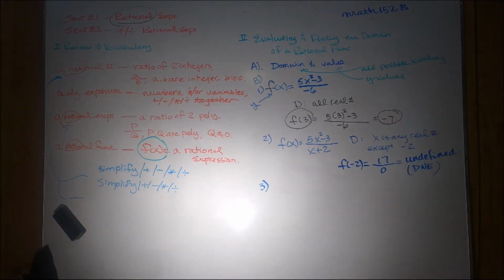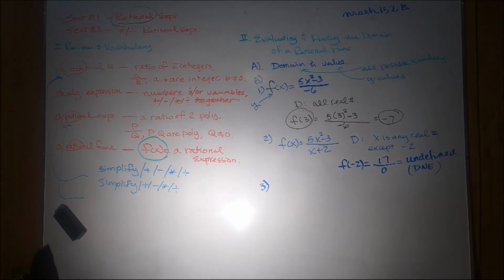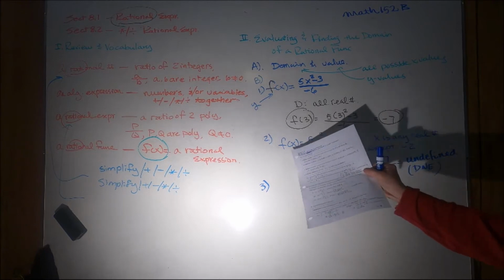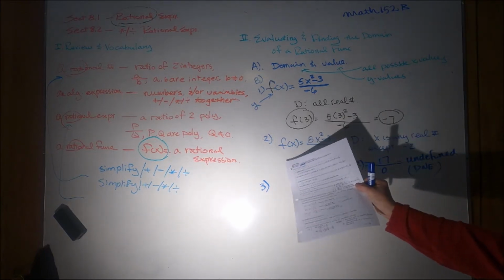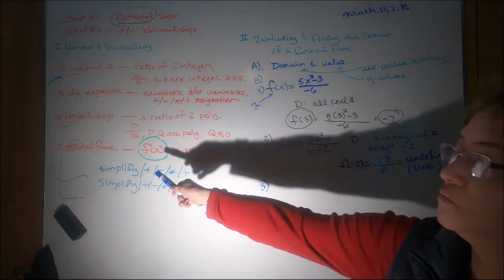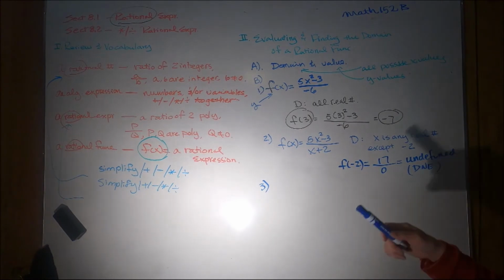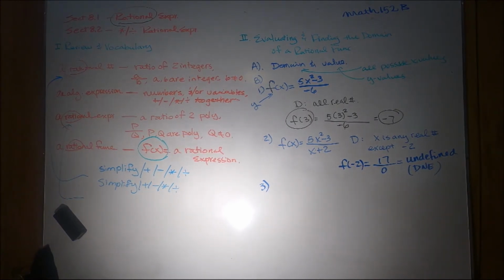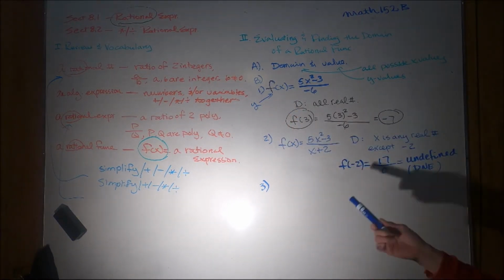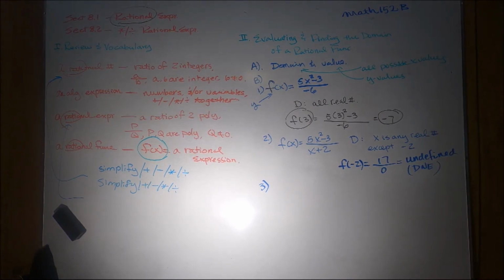So what are we doing? We are doing rational expressions, but put into function style. So we call it a rational function. When we talk about a rational function, we are talking about what kind of things we can use for x, and then what kind of result is the y, which is f of x. So we want to find out the domain.